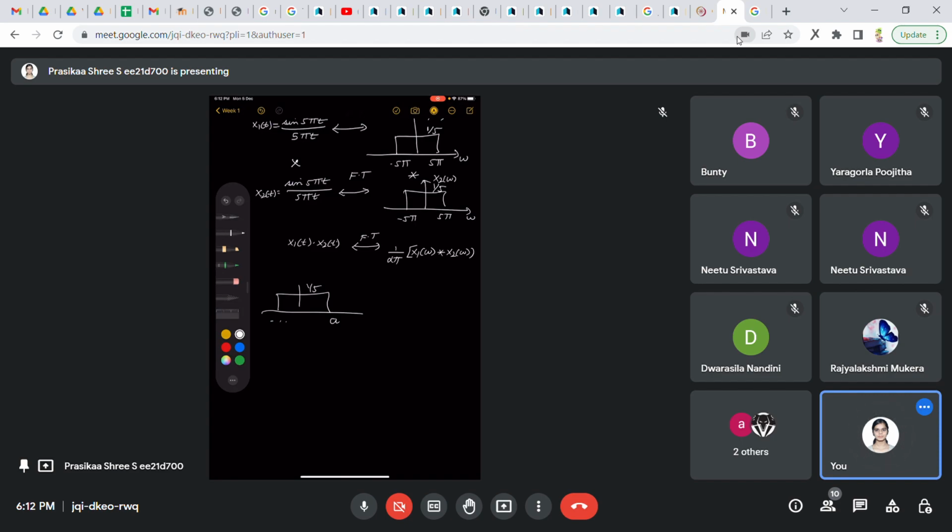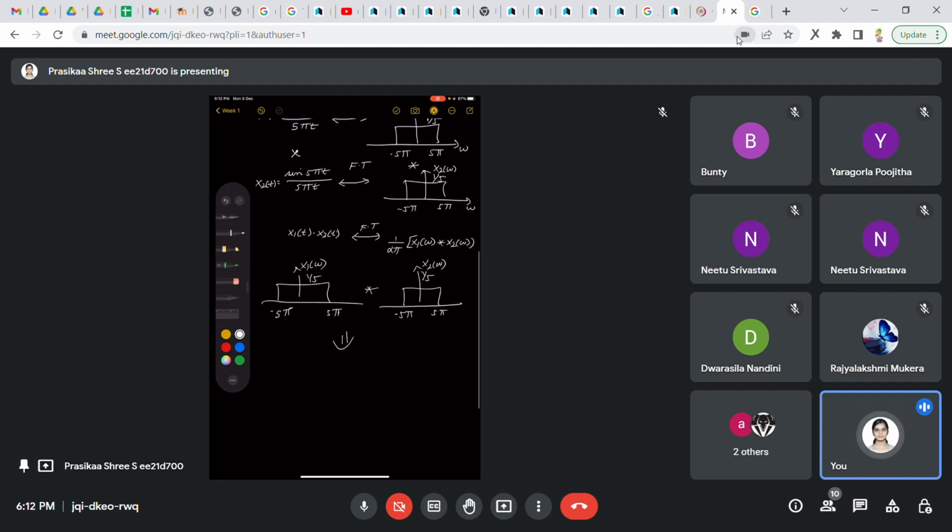Minus 5 pi to 5 pi convolved with again one more rectangular pulse. This is x1 of omega, this is x2 of omega, and this is equal to minus 5 pi to 5 pi. So now you know how to convolve two rectangular pulses, right?